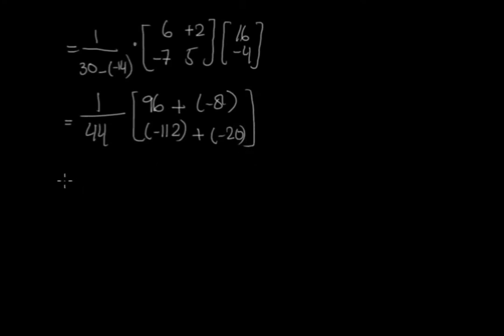In the next step we simplify it. So it's 1 over 44 times 96 minus 8, which is 88, and negative 112 minus 20, which is negative 132. In the final step, I multiply 1 over 44 inside the matrix. So 88 divided by 44 becomes 2, and negative 132 divided by 44 is negative 3.